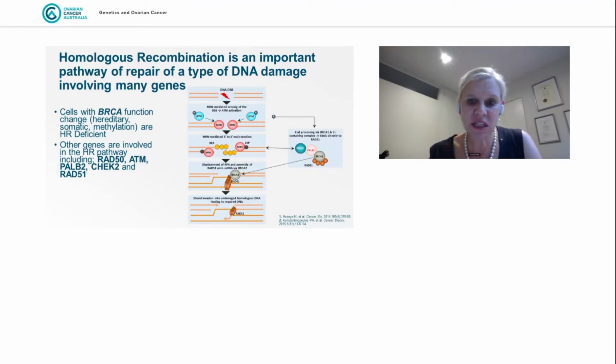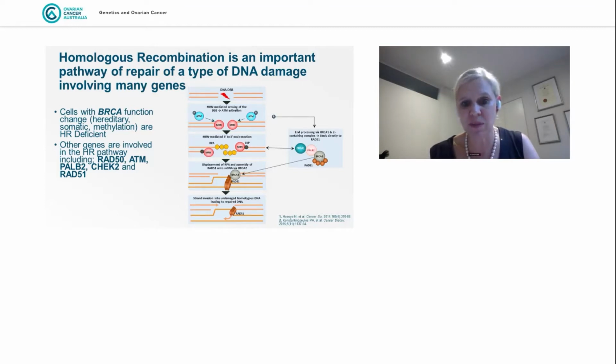And we'll go into that in the next couple of slides. Originally, it was felt that BRCA1 and BRCA2 were the only genes associated with this condition known as homologous recombination deficiency. But we know now that there are other genes associated within this pathway.